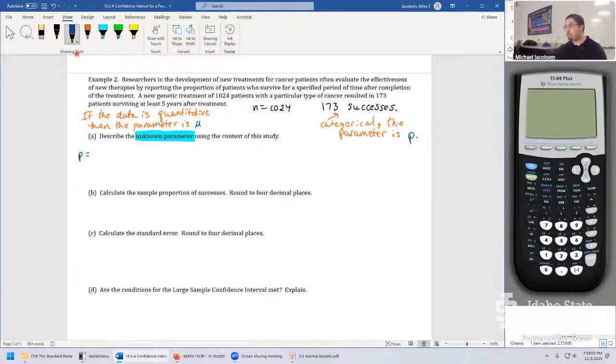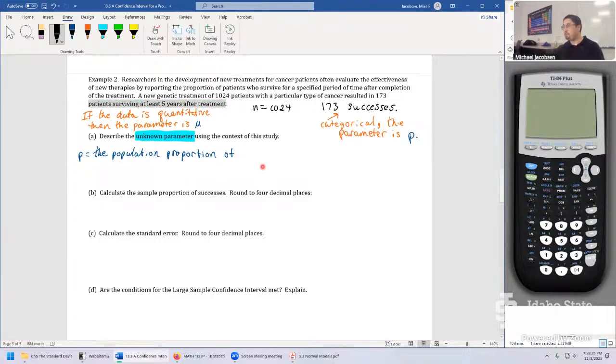P is going to be equal to the population proportion of, we say next what the successes were. The population proportion of was a success that is surviving at least 5 years after treatment.